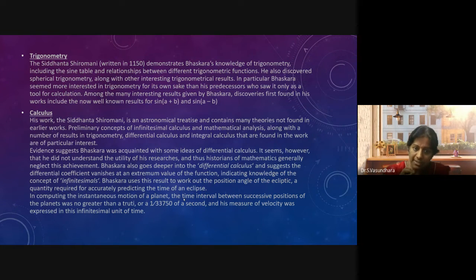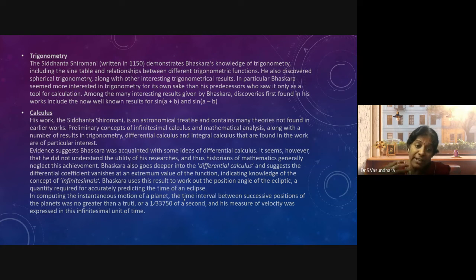Siddhanta Shiromani is an astronomical treatise and contains many theories not found in earlier works. Preliminary concepts of infinitesimal calculus and mathematical analysis, along with a number of results in trigonometry, differential calculus and integral calculus, are all found in the work and are of particular interest.